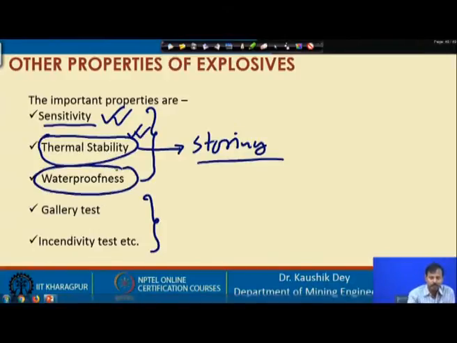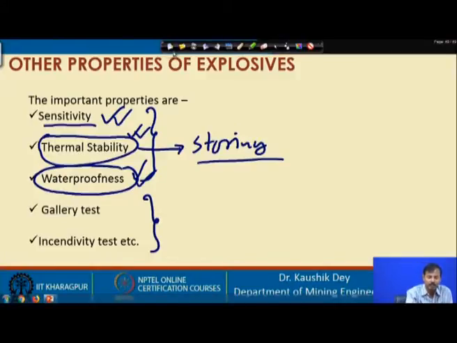Waterproofness is required to understand where the explosives are being used in watery holes. So, that is also another very important parameter. Not only that, this waterproofness is also important where we are using detonating fuse or similar explosive accessories in rainy atmospheric conditions, or where the area through which the detonation is being passed is filled with water.